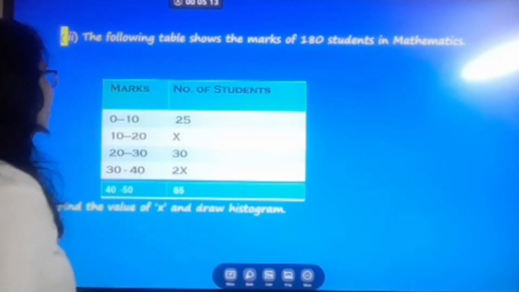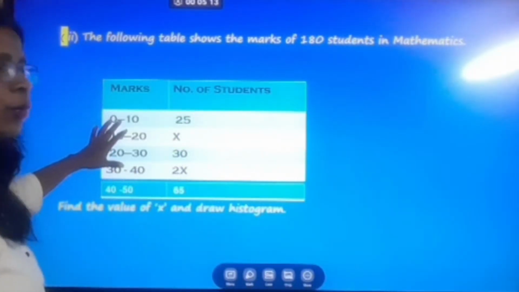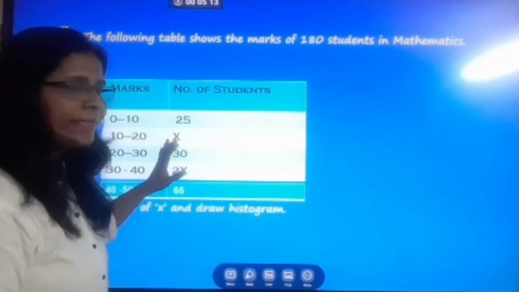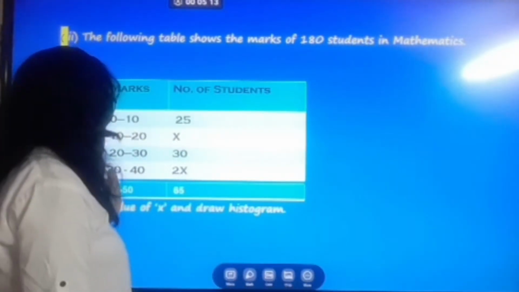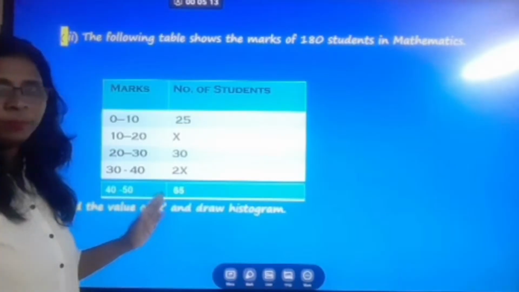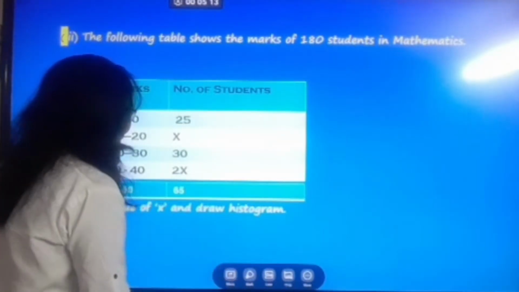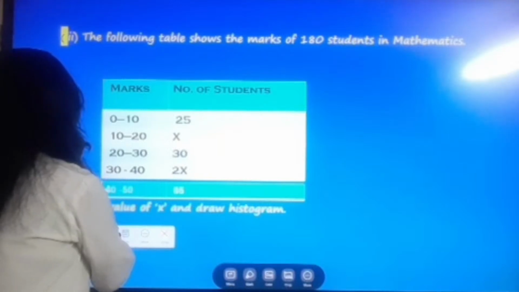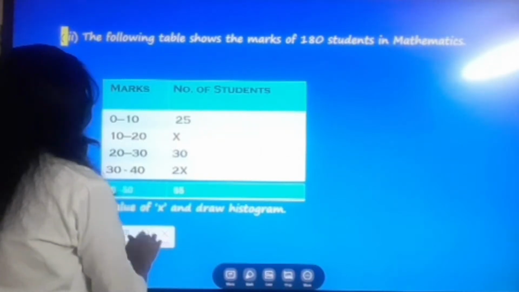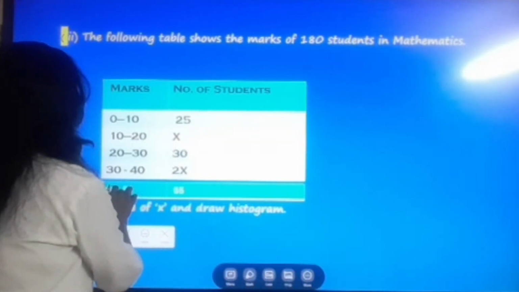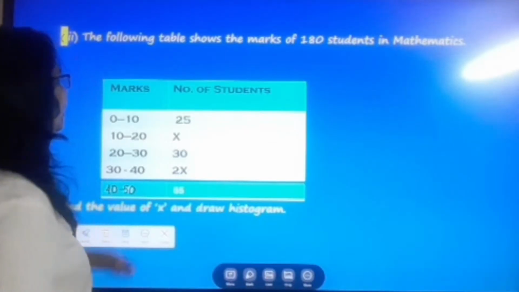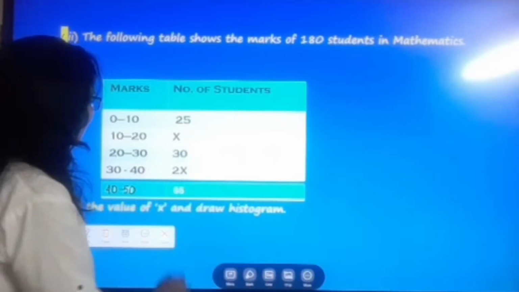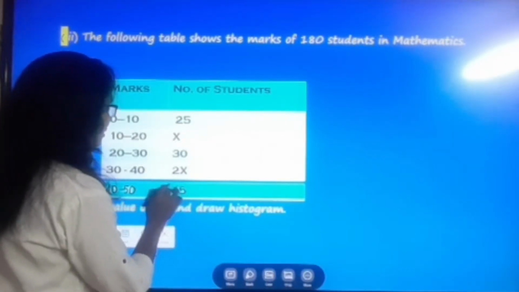The marks in the first column are given in the form of class intervals: 0 to 10, 10 to 20, 20 to 30, 30 to 40 and 40 to 50. And here the number of students, that is the frequency, is 25, x, 30, 2x, and the last one is 65.